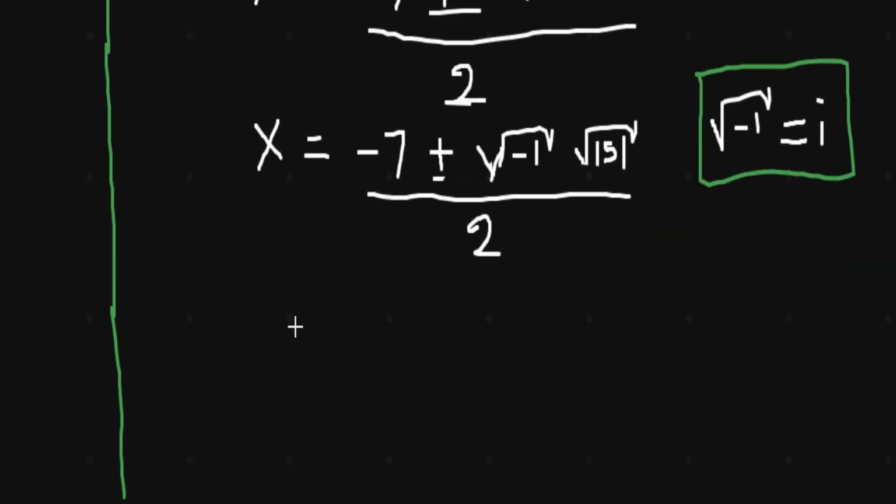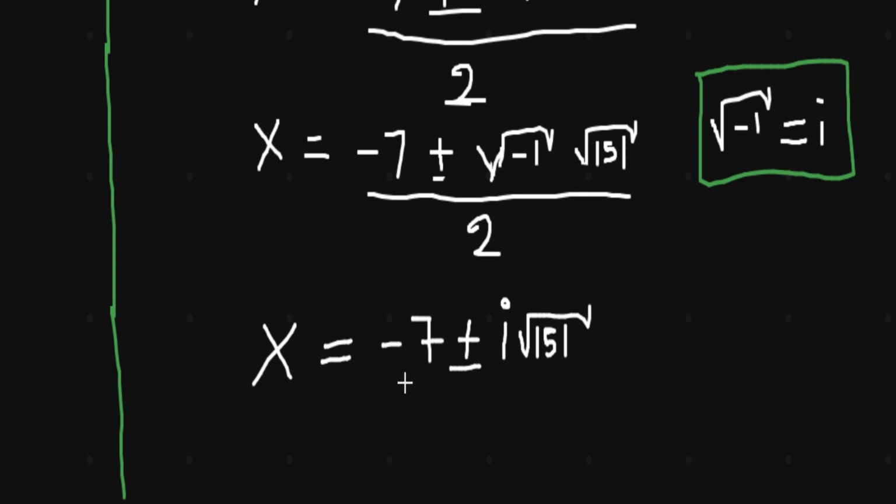Therefore we can write x equals minus 7 plus or minus I into root 151, by 2.